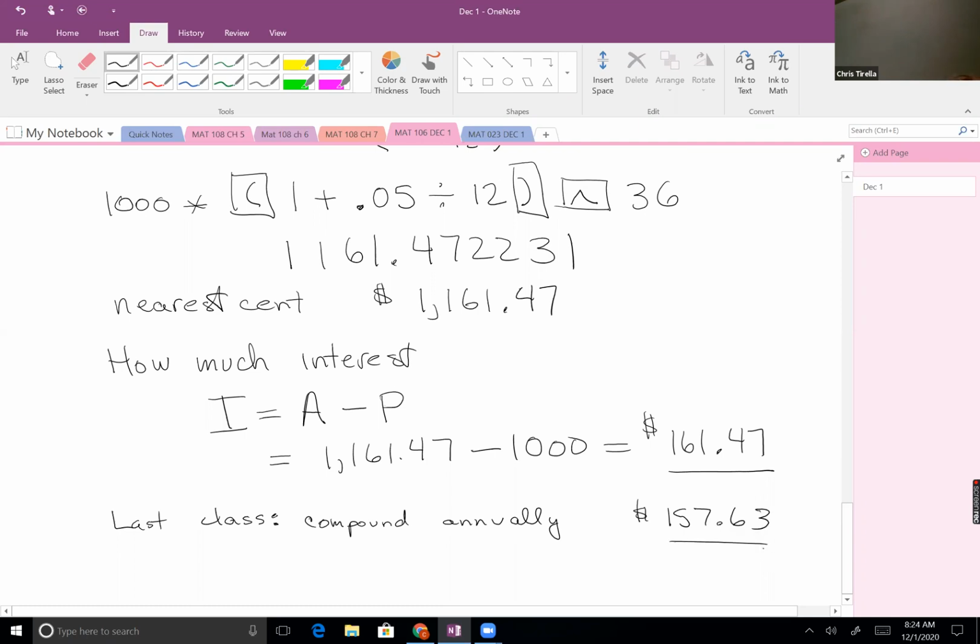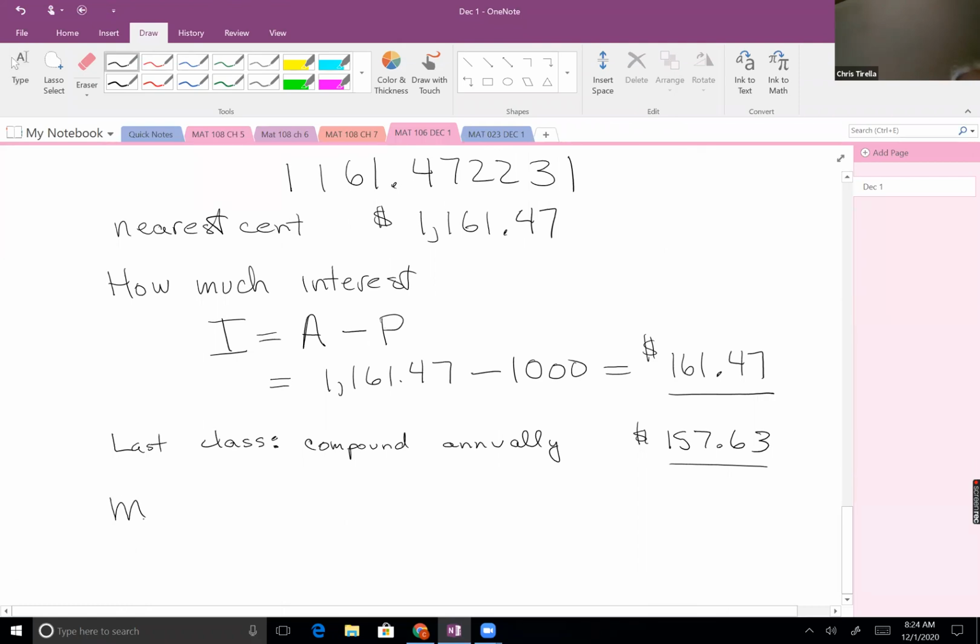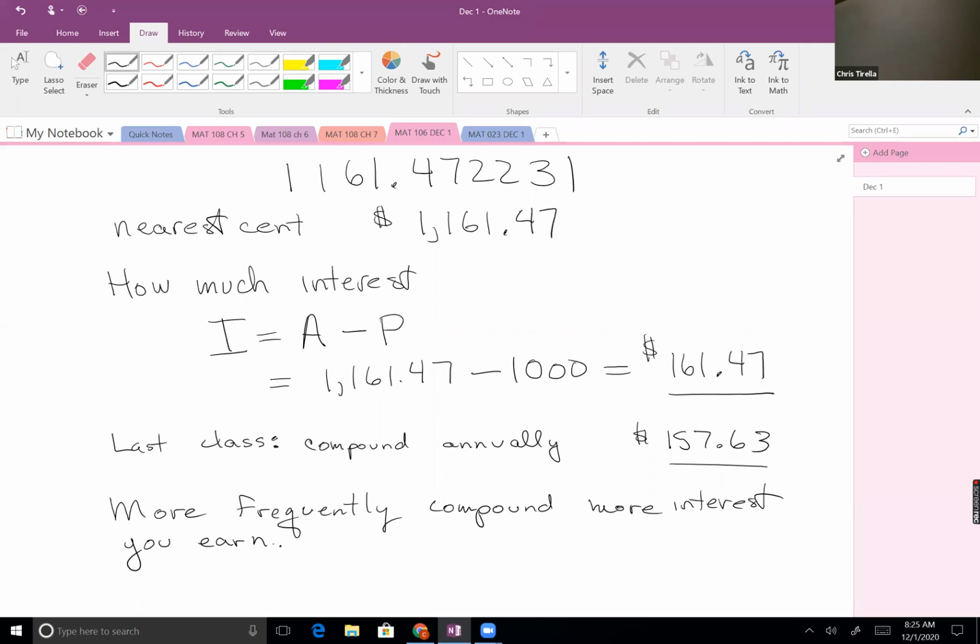It's not that significant of a difference, but it's more. And so the more frequently you compound, the more interest you earn, if everything else is held fixed, if the time and the interest rate and the principal are held fixed.